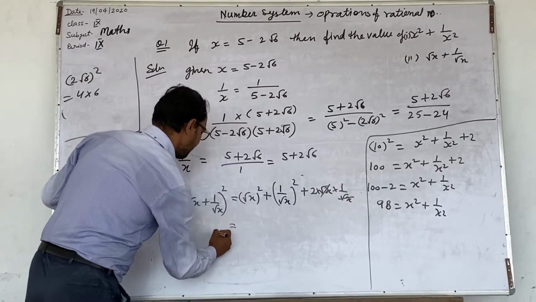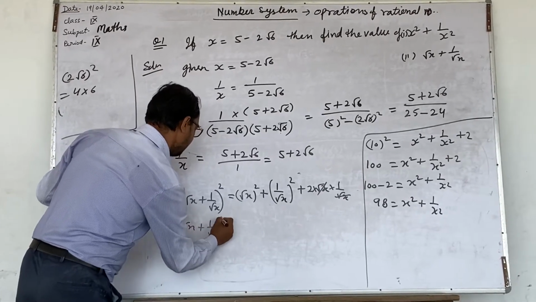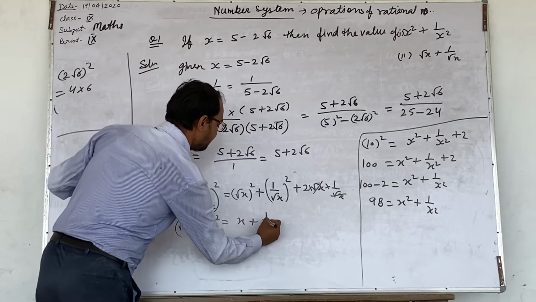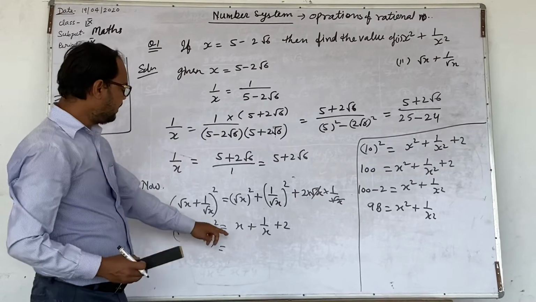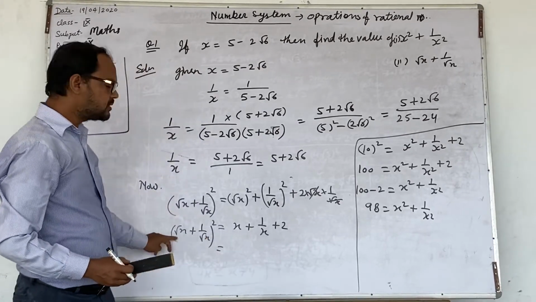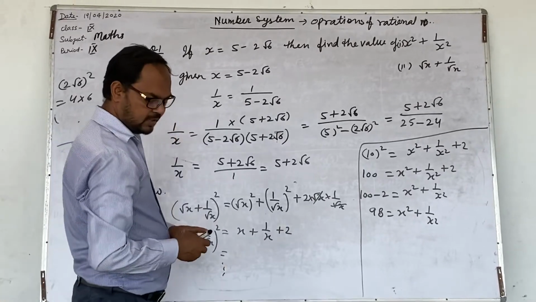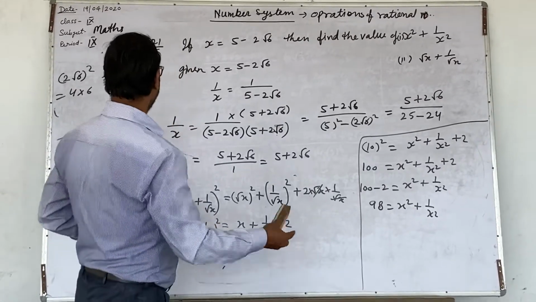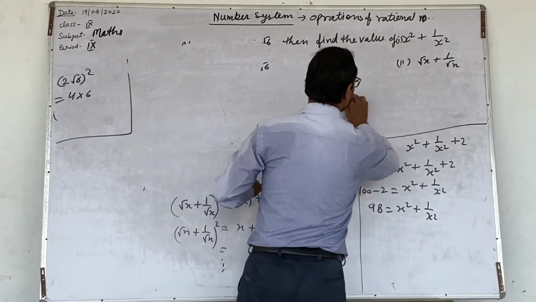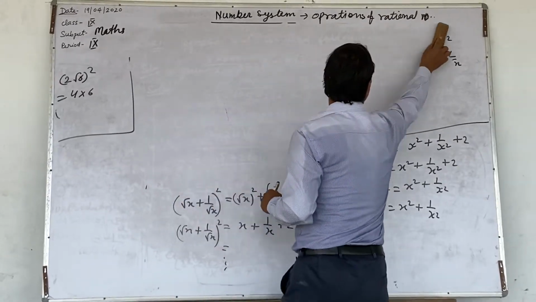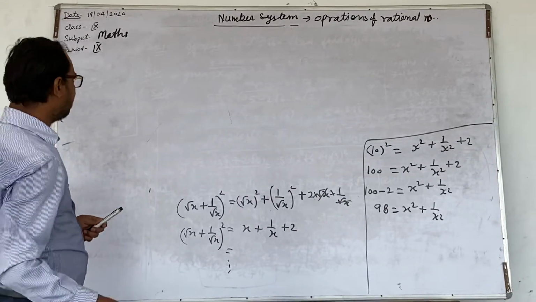Now this is root x plus 1 upon root x whole square is equal to x plus 1 upon x plus 2. Right? You can use the values of x and 1 upon x over here and then find the square root. Now do this as homework, complete it. Now write down homework. Write this as homework. You complete this question at home and do homework more.